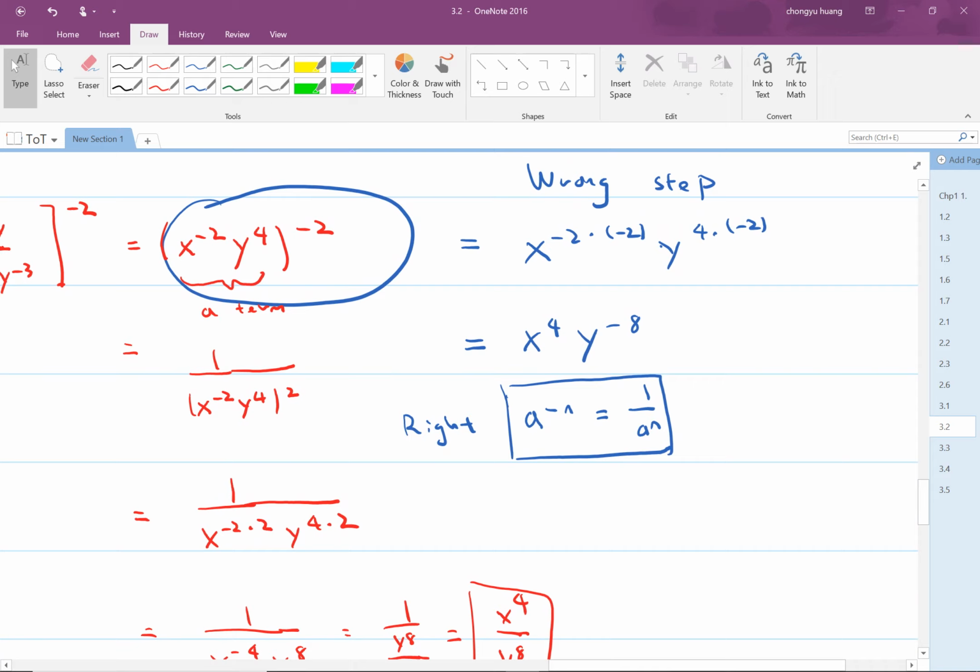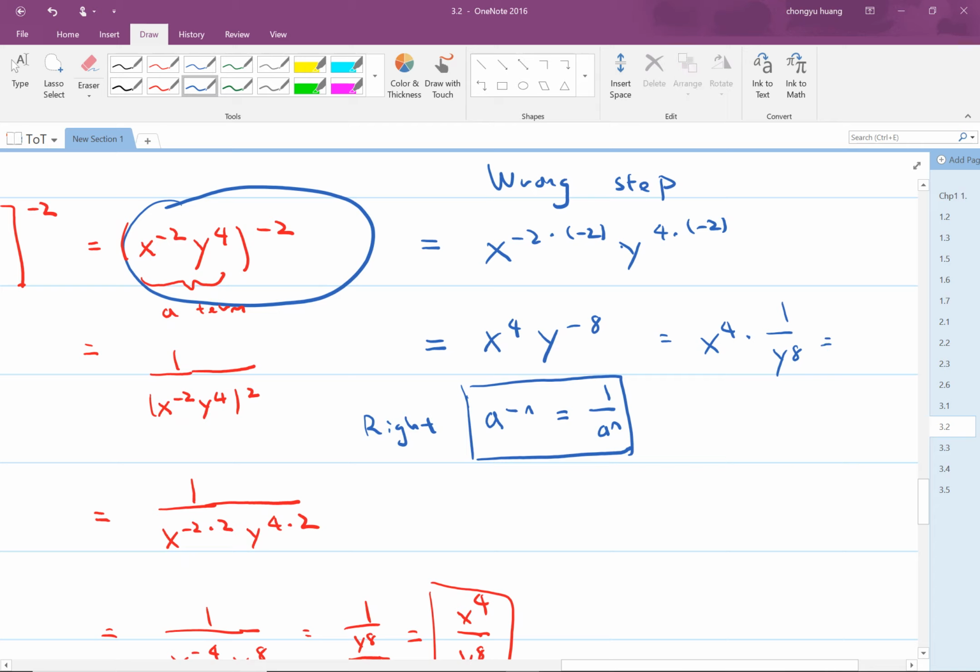Okay, so let's rethink a little bit. x to the power negative 2 multiplied by negative 2 is positive 4, right? And then y to the power 4 multiplied by negative 2 is negative 8, right? So what we have over here is x to the power 4 multiplied by 1 over y to the power 8, right?